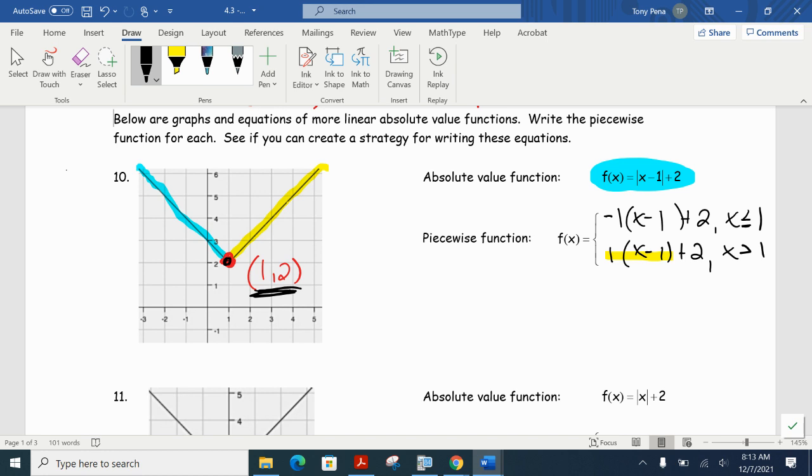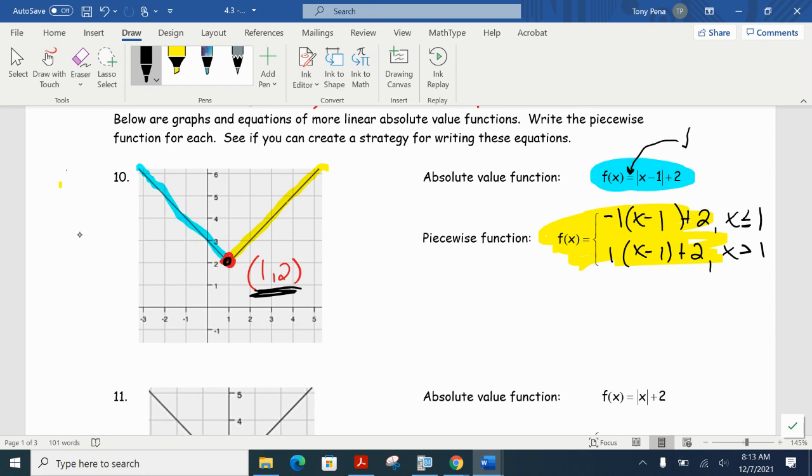All right, now think back to what we talked about. So let's compare these. This is our piecewise function. And then this was our absolute value function. And let's see if the same things that we talked about before are still true. Look at the number in front of the absolute value bars. Since there's nothing written there, that's implied that that number is a 1. Notice what the slopes of your two lines were. They're both 1s.